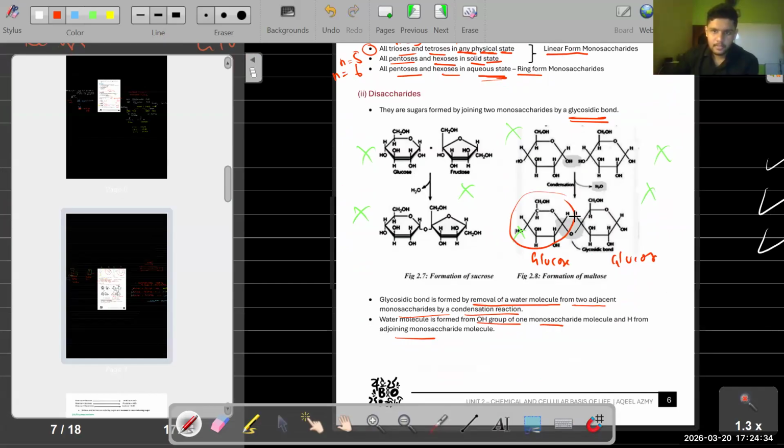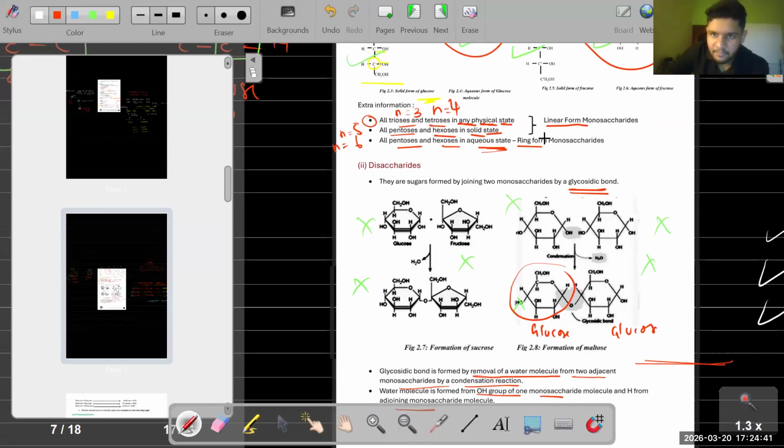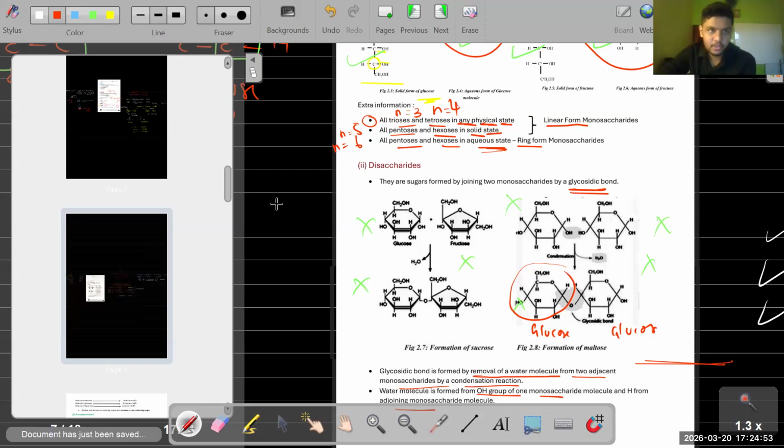Linear means it is like a line. Ring. So the ring form of monosaccharides can be noted in which state? Solid or aqueous? Aqueous state. You should have that knowledge.